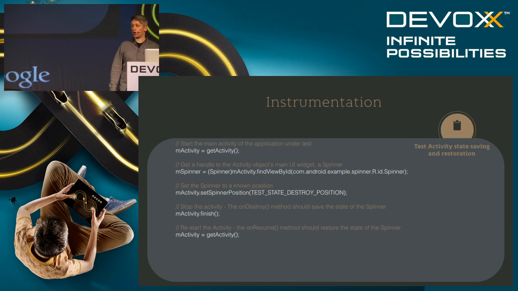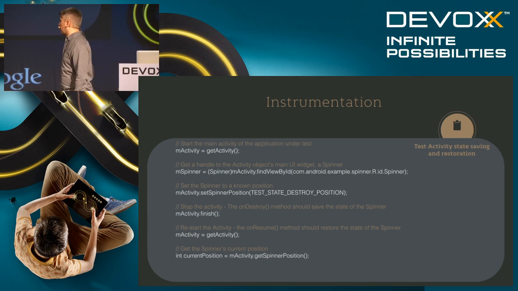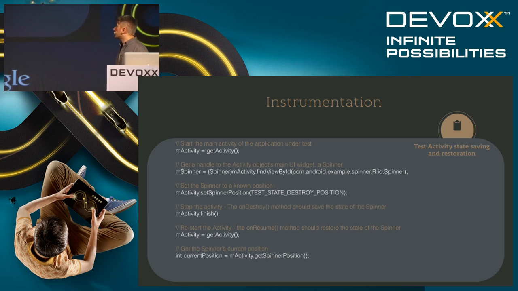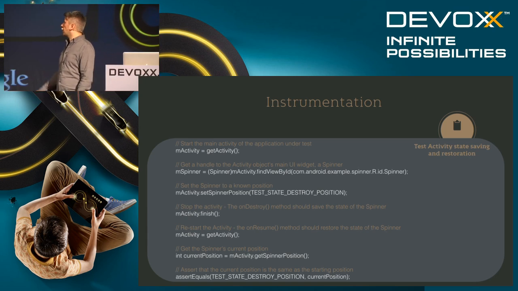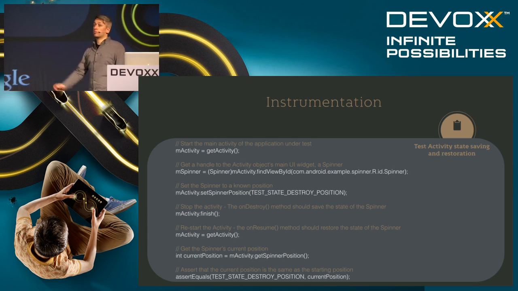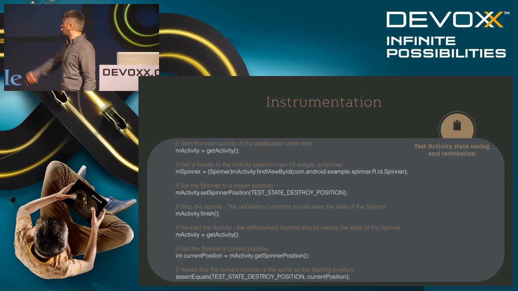And if I have done my work well, if I have saved my state well, I should have written my activity so that the position gets restored. So let's write a test for it. I get my current position now, and then I can write an assertion, assert that the current position equals what I expected it to be.